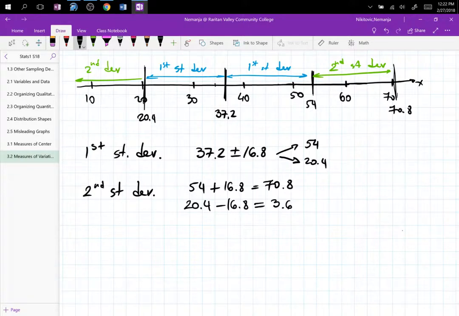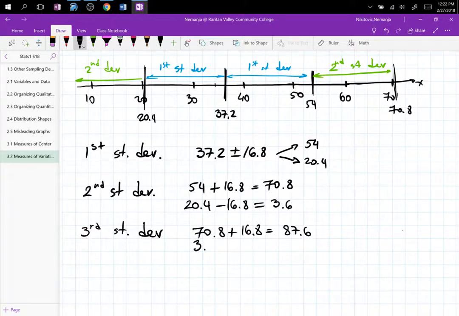So that's going to end. And then to find the third standard deviation, you will take 70.8 plus 16.8 to give you 87.6.